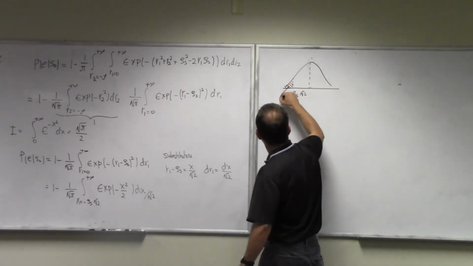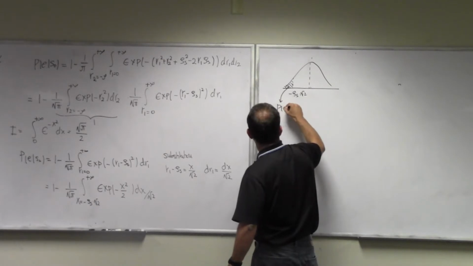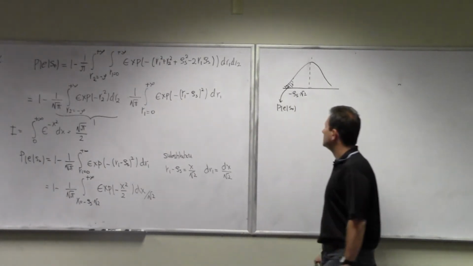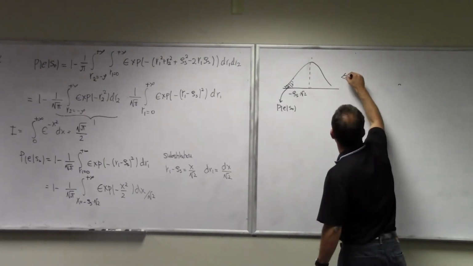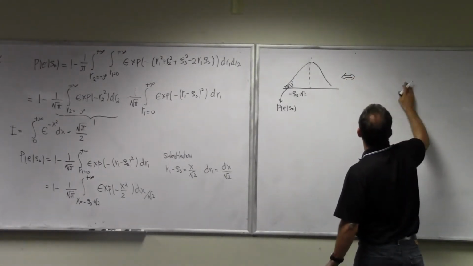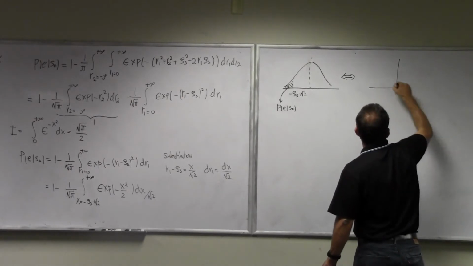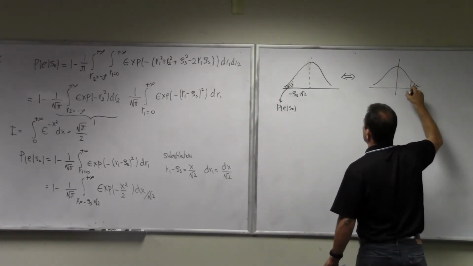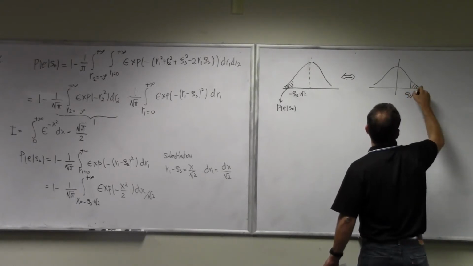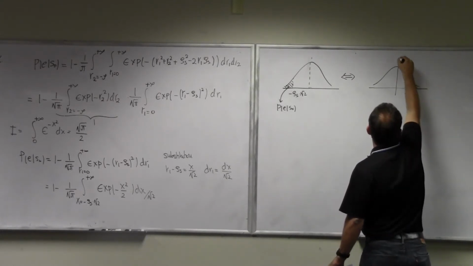So this is our probability of error given S0 has been sent, and this is going to be equivalent to this, where this here is rho s square root of 2.